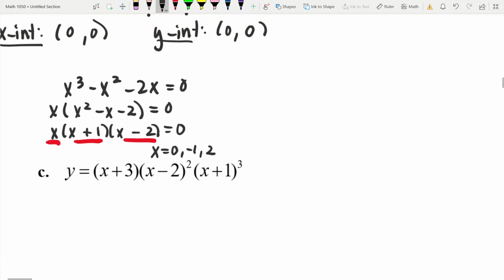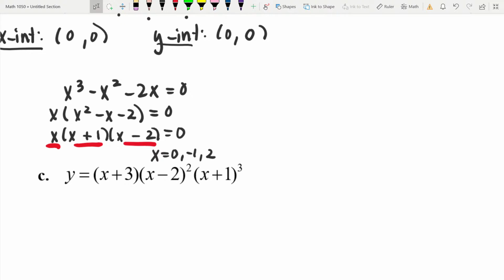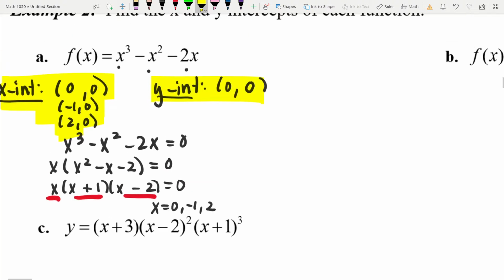But you can't write it like that, because they're intercepts. So you write it as (0, 0), (negative 1, 0), (2, 0), and I'm done. So this is how I'll write my answers, like that. Okay? All right, let's go to question B.